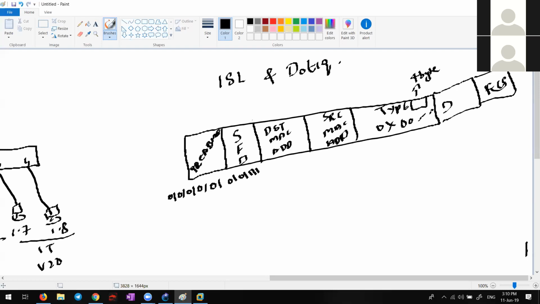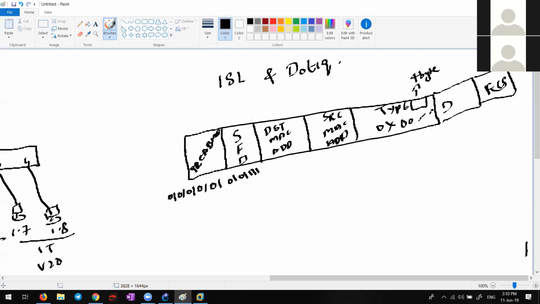SFD means start frame delimiter. There are different types of frame itself.